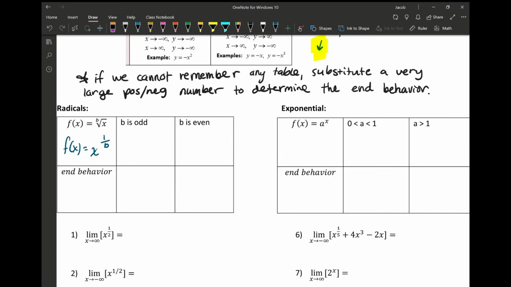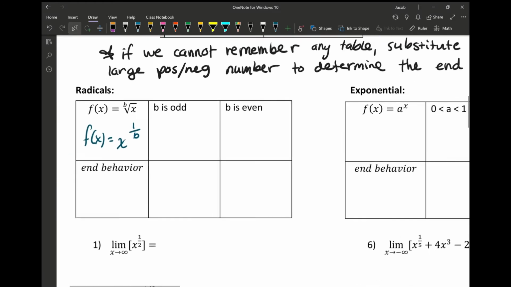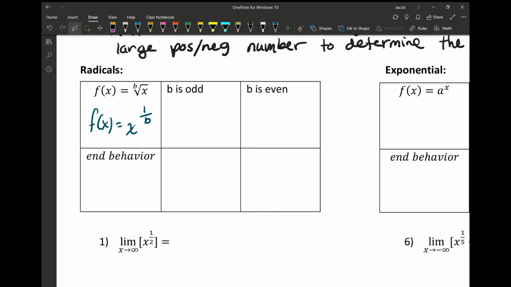So for this table, we're given a look at radicals, a little reminder about how radicals work. If b is an odd number, an example could be x to the 1/3, then a sketch of x to the 1/3 or any odd degree radical is going to look something like this.